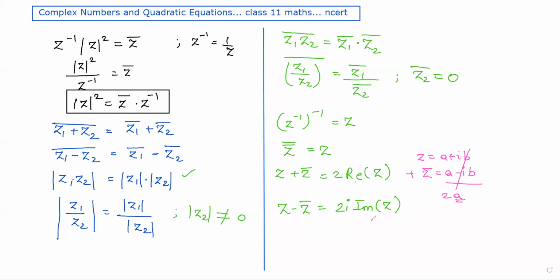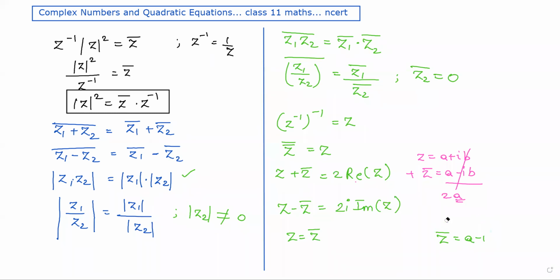Next, in general, if your Z value is equal to Z bar, Z conjugate, what does this mean? Z is equal to a plus ib, and Z conjugate is equal to a minus ib. These two values can be equal only when the imaginary parts vanish.